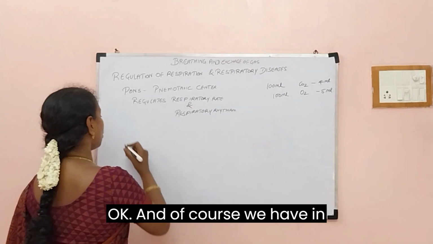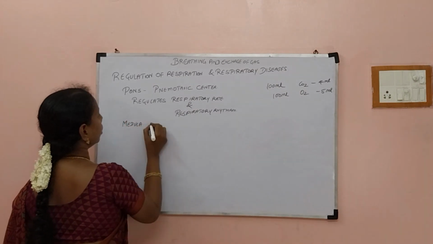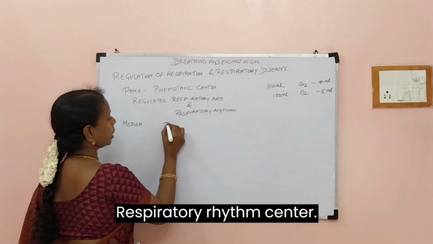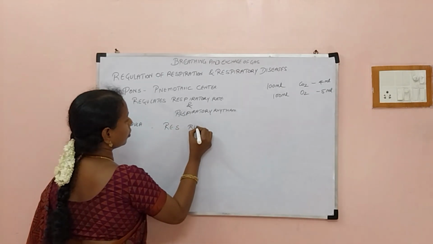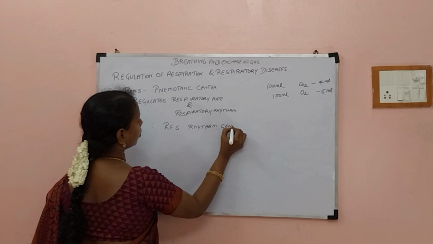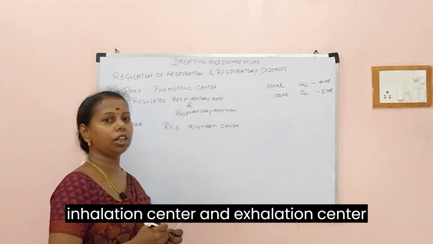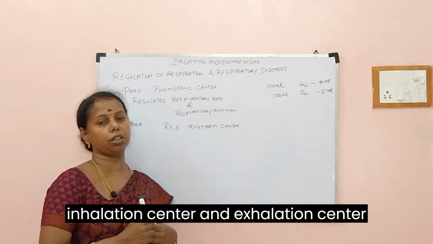And of course, we have in the medulla the respiratory rhythm center. In the respiratory rhythm center, we have an inhalation center and an exhalation center, children.